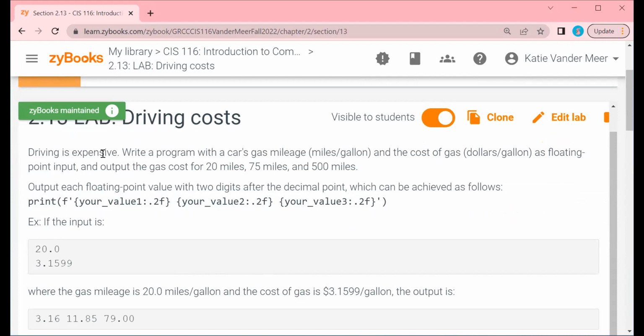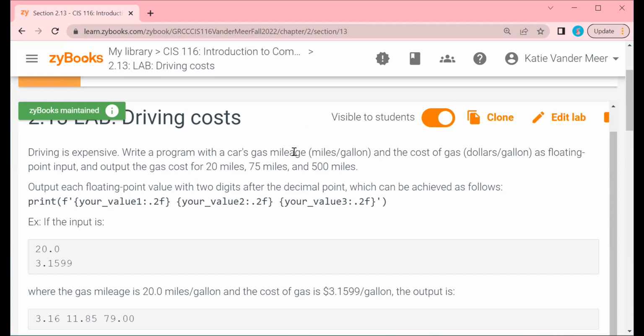Thank you for telling us driving is expensive. We get that. We're writing a program with a car's gas mileage, which is miles divided by gallon, and the cost of gas, which is dollars divided by gallon, as floating point inputs, and the output is the gas cost for 20 miles, 75, and 500.